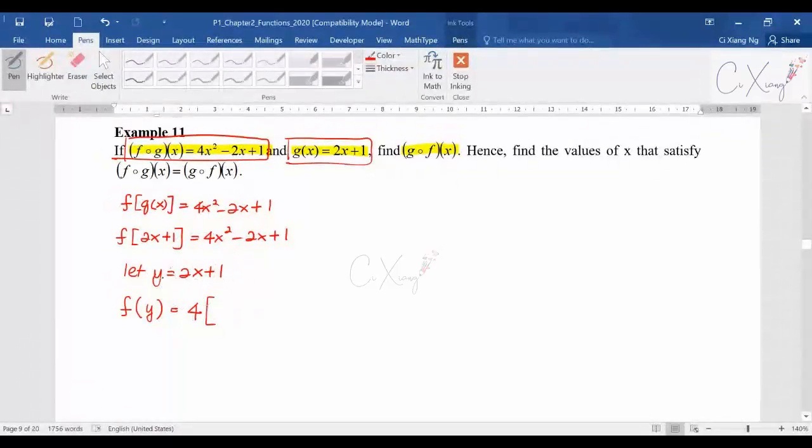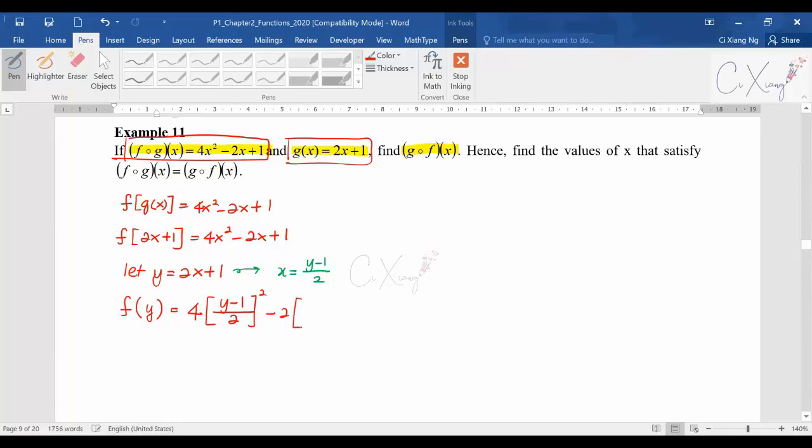What do I have as x squared? I try to move all this over. I will have (y minus 1) divided by 2. Do you know how I get it? Because if I rephrase this, I will have x equals (y minus 1) divided by 2. So for x squared, I will substitute (y minus 1) divided by 2, squared.